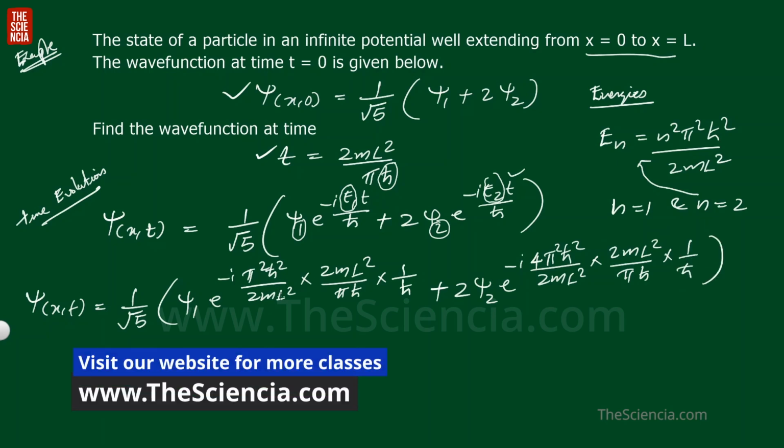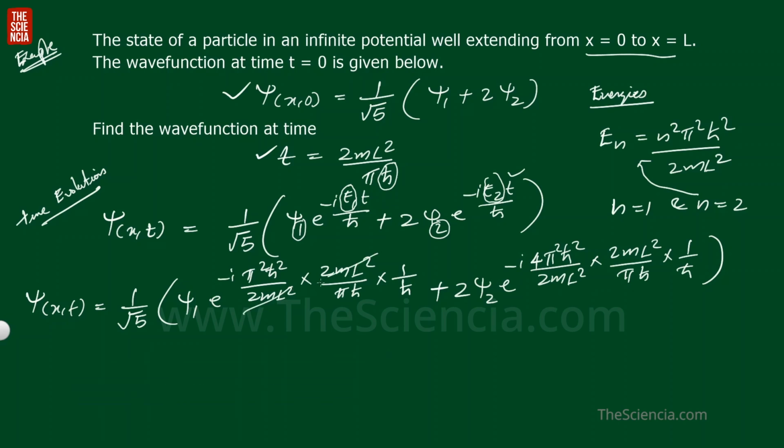So we can cancel this 2mL square and 2mL square, and this h cross square and this h cross cancel, and one pi and this pi cancel, and here also the 2mL square cancels, and h cross and h cross square cancel, and one of the pi and this pi cancel.